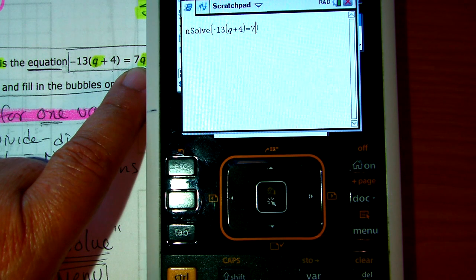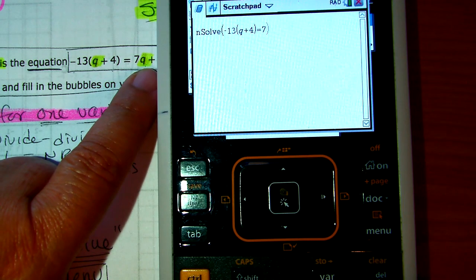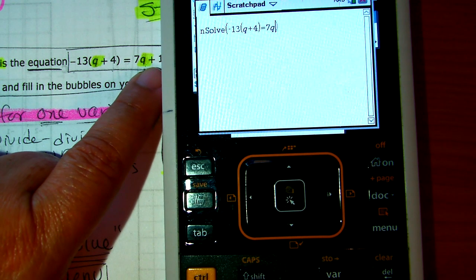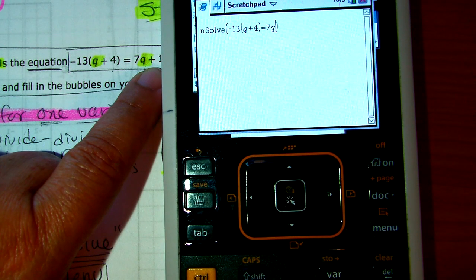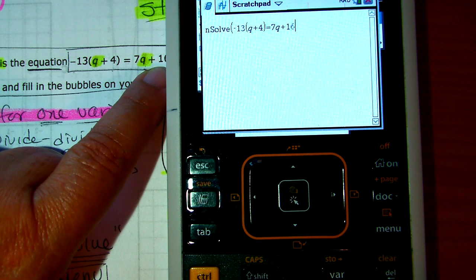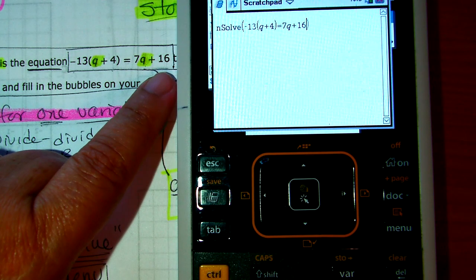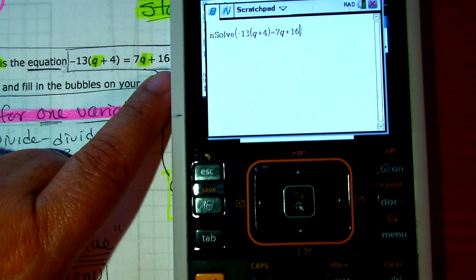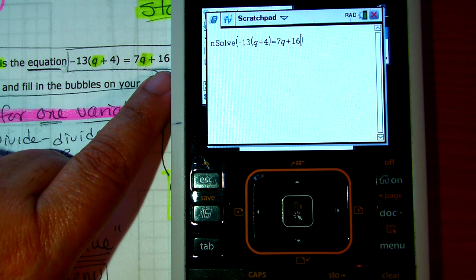If you don't type it exactly the way it is, guess what? You're going to get a mistake. So 7Q plus 16 plus 16. Okay, we don't have a parenthesis there, but then you're going to tell the calculator, all right, calculator, I need you to solve for Q.